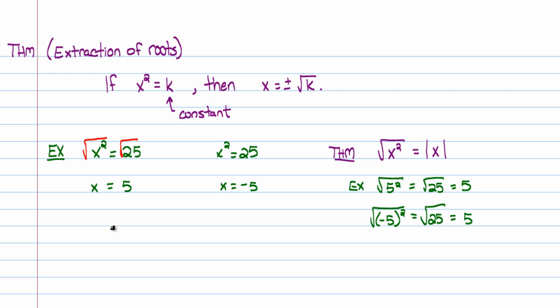Essentially, the extraction of roots theorem is just saying anytime that somebody hands you something like x squared is equal to 49, you know the answer is going to be plus or minus the square root of 49, or in other words, plus or minus 7. And you can check that. If you put a positive 7 in and square it, it becomes 49. If you put a negative 7 in, it also becomes 49 after you square it.